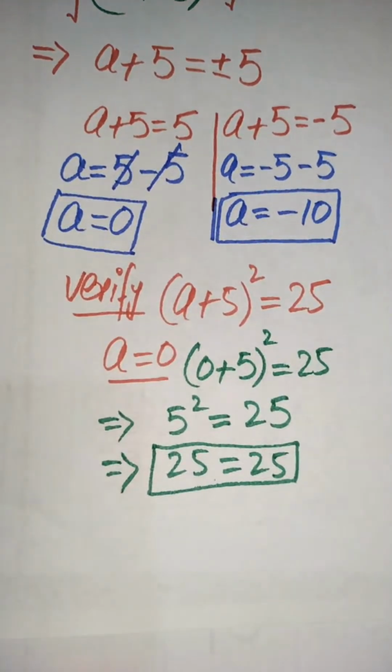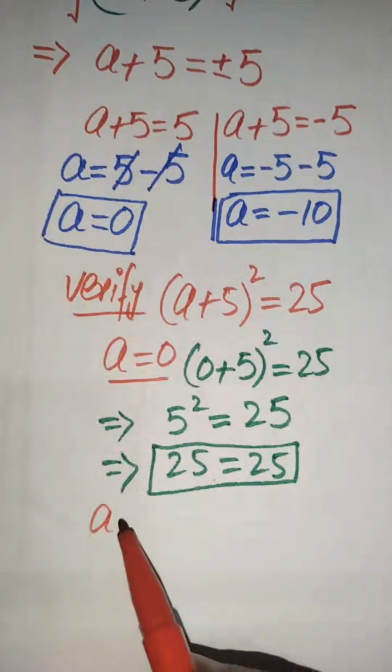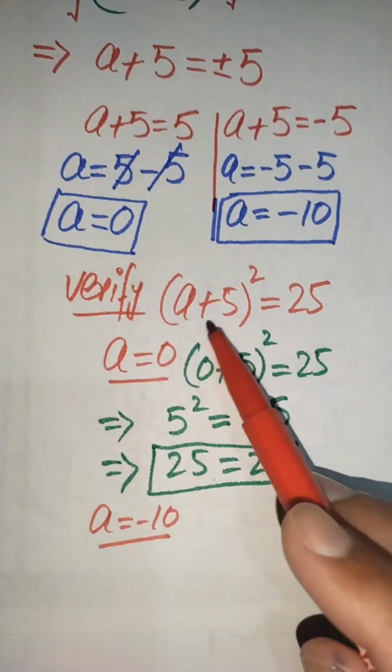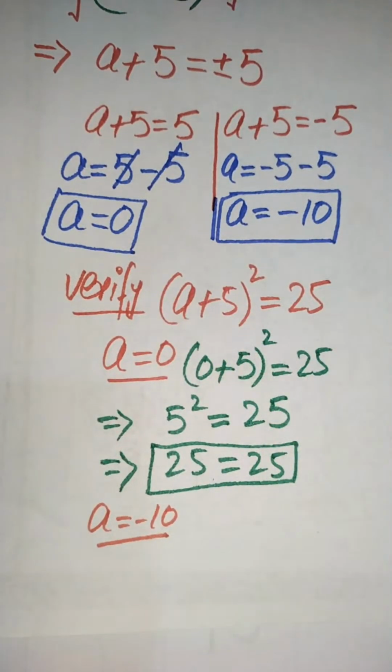Further, we need to verify our second value of a, so we substitute a = -10 into the left hand side of the given equation.